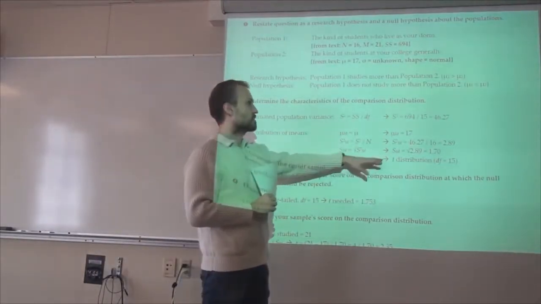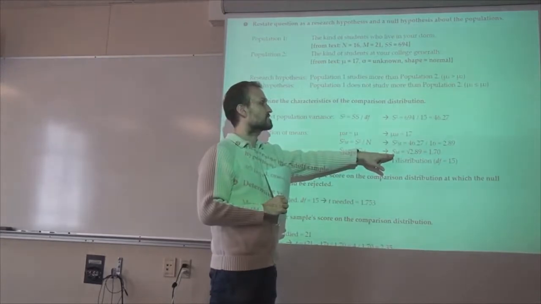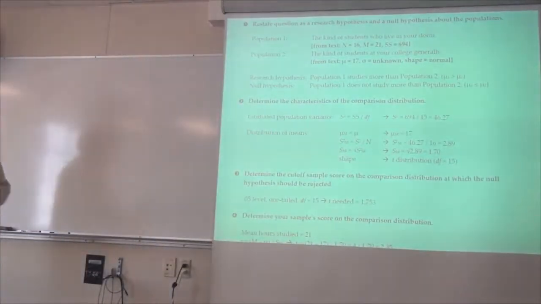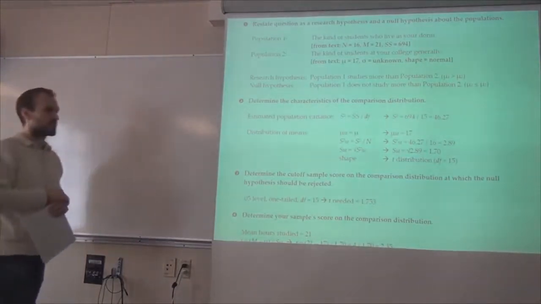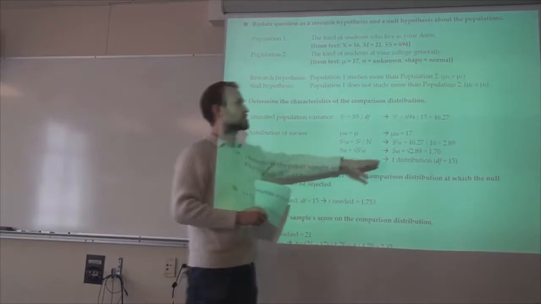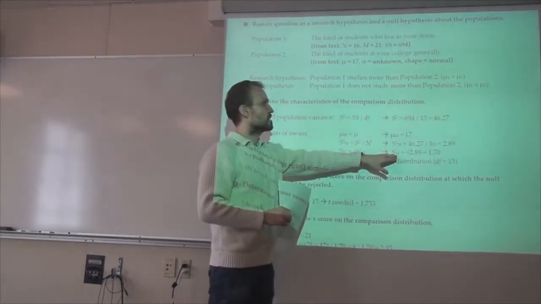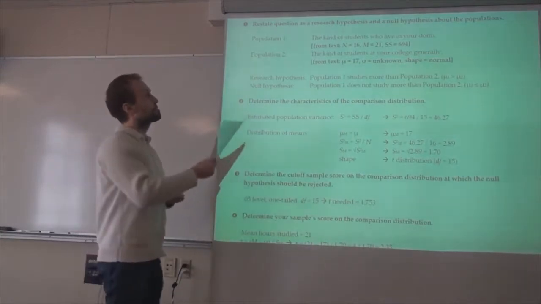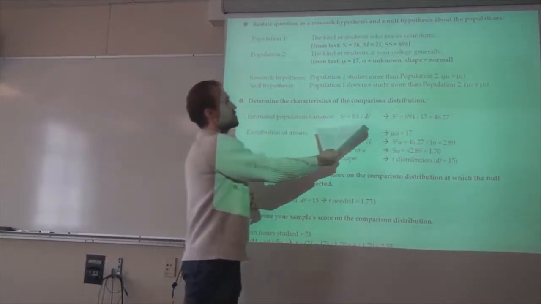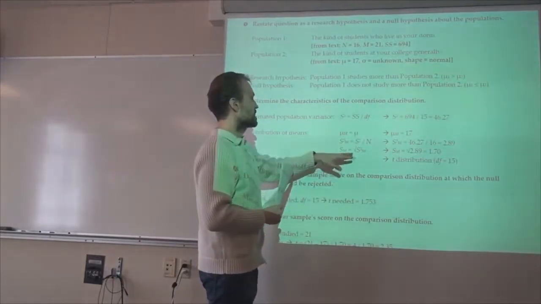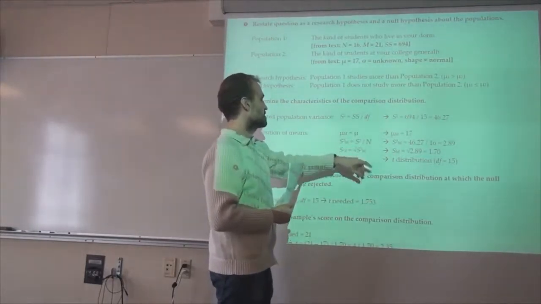My standard error I'll now denote as S instead of sigma to indicate that it's an approximation. If it's the population parameter, then I'll use the Greek letter sigma. If I'm approximating it by way of the sample, then I'll use an S. But it's still the population estimate here. Where is my standard deviation divided by root n?